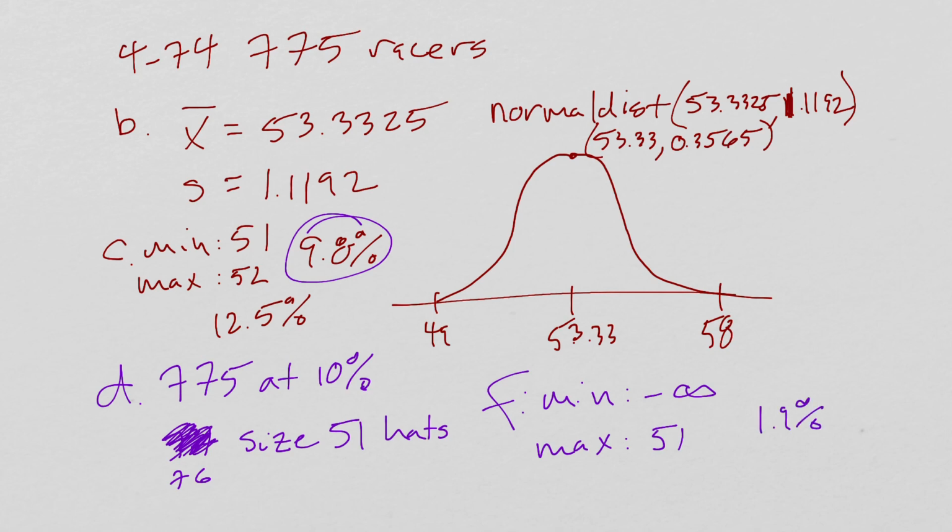And so I get 1.9%. Okay, so 1.9%, and if we multiply that by 775, then we get about 15 hats. So 15 hats are going to be less than size 51. Okay, so there you go.